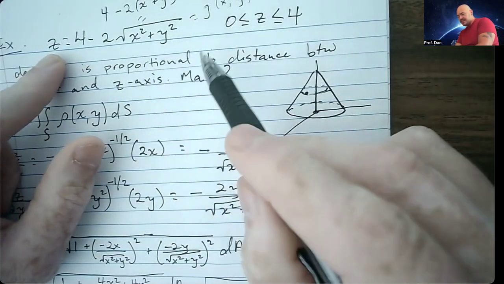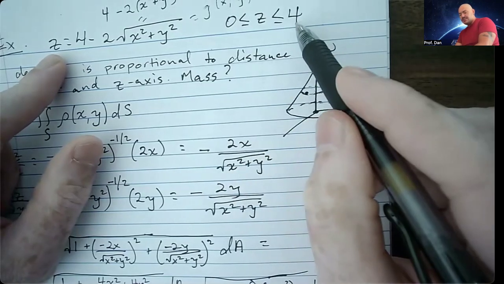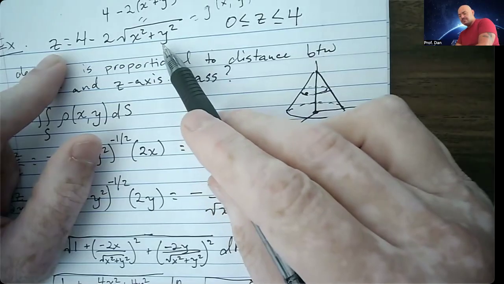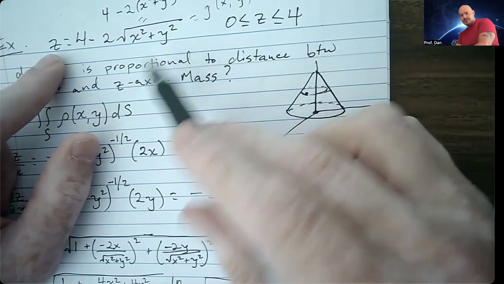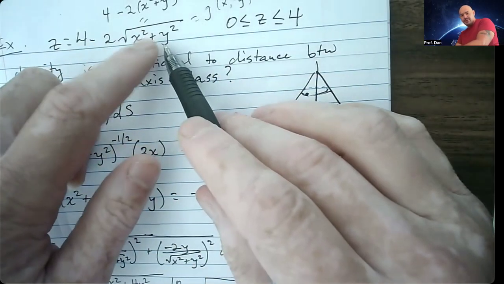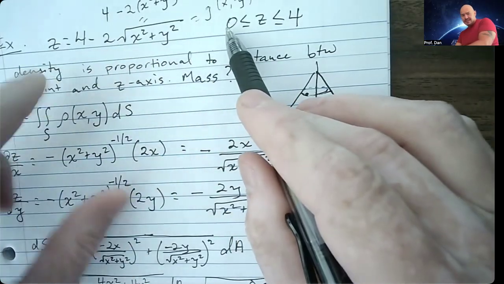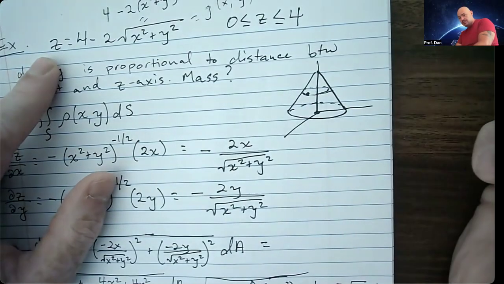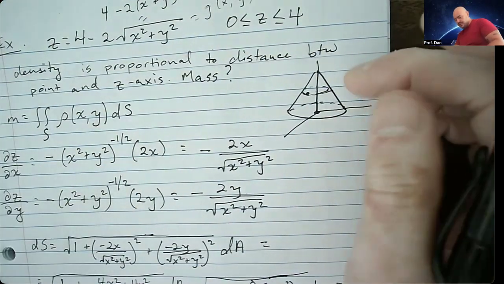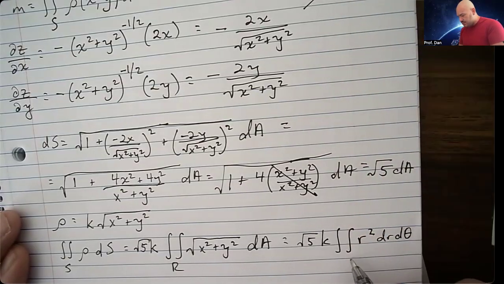Which means that the lowest possible value of r would be 0, because if I set z equal to 4 and solve for r, I get 0. If I set z equal to 0 and solve for r, I end up getting 2. So my radius is going to range from 0 to 2.